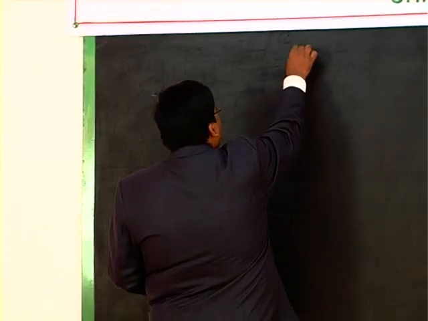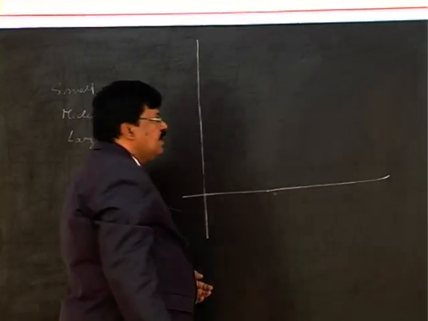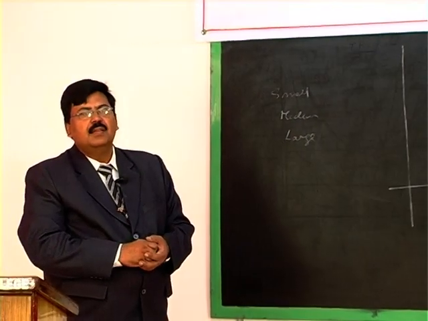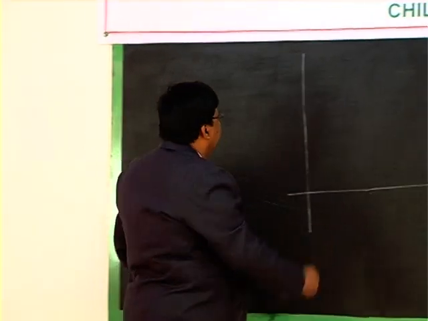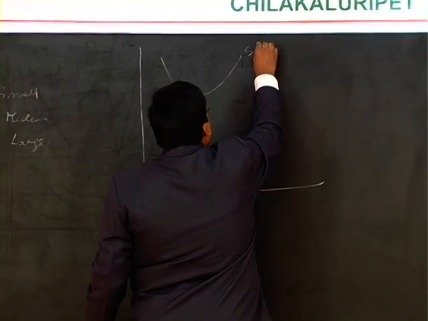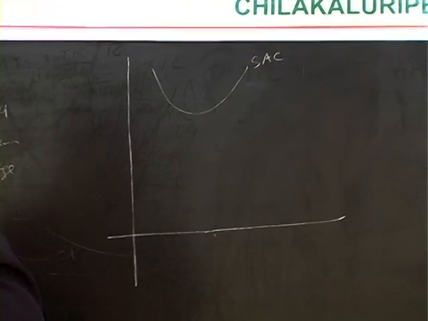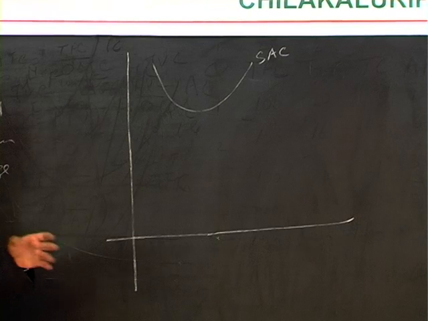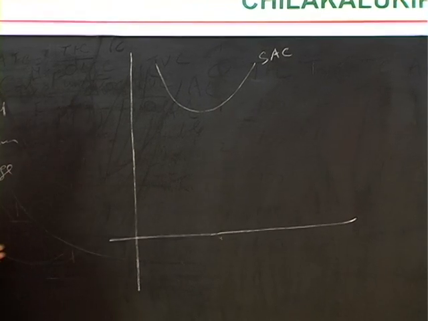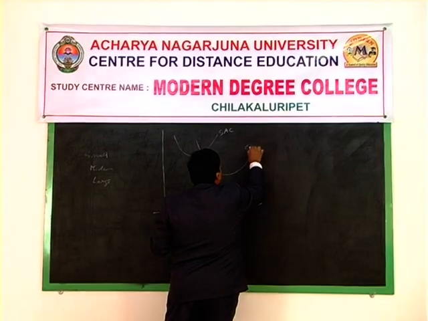Suppose you draw the short run average cost curve associated with each plant. The small sized machine gives rise to SAC1, short run average cost curve 1. And the medium sized machine, because it is more efficient and the unit cost would be less compared to the smaller one, would be like this, SAC2.